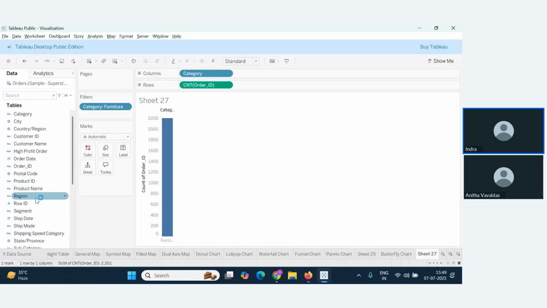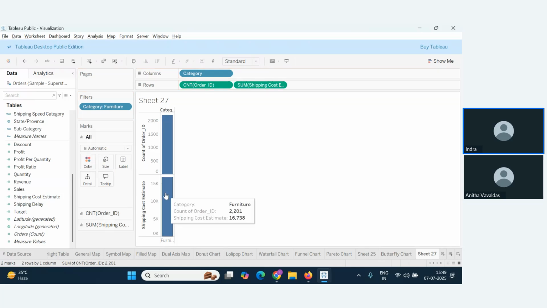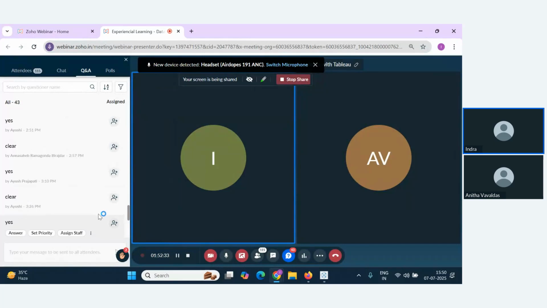For this, let's see the shipping cost estimate. This is the shipping cost estimate for this many order IDs, 16,738 for 2,201 orders, only for furniture. In this way, you can drill down more in your data and get more refined results. All right, clear?